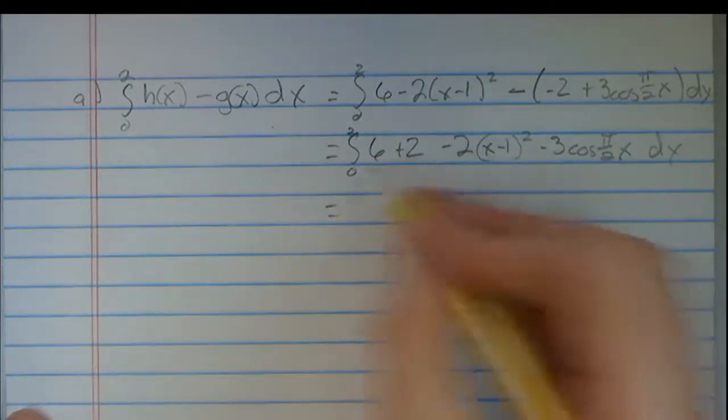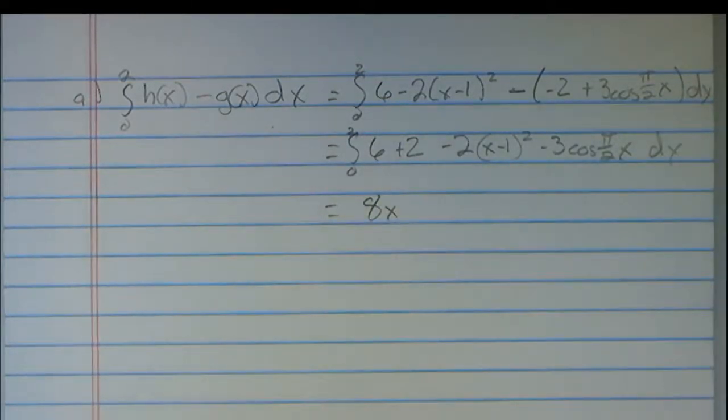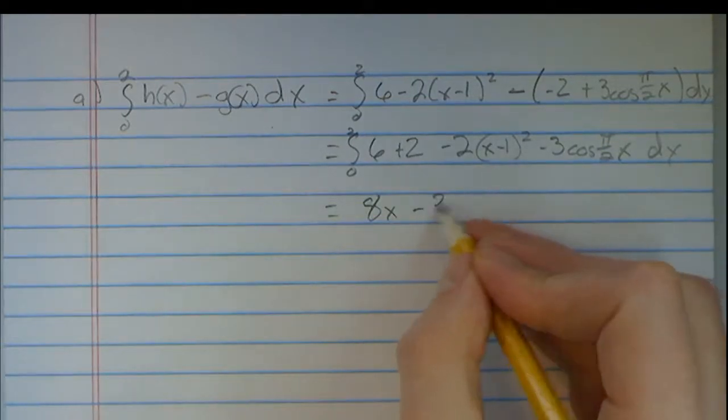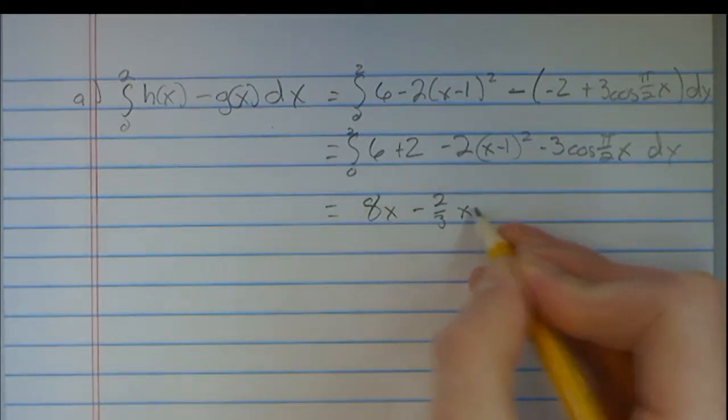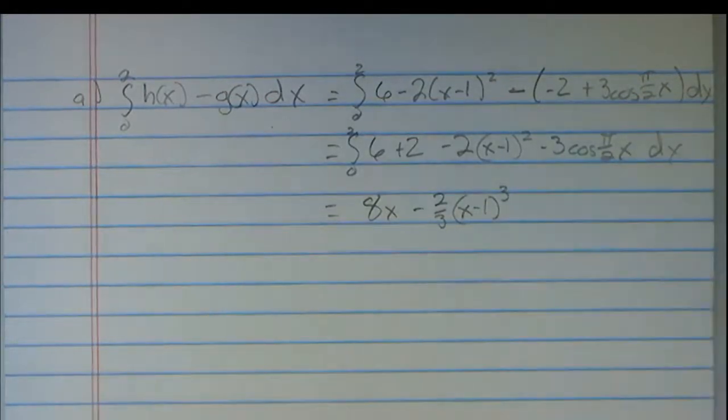Take the antiderivative, we'll have 8x. This will add 1, divide by the new exponent. And that's an x minus 1, its derivative is 1, so it doesn't matter for the chain rule.